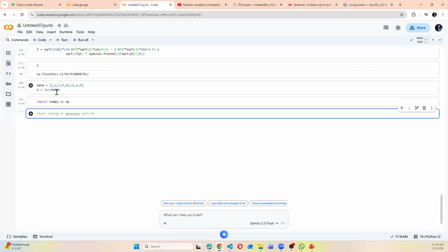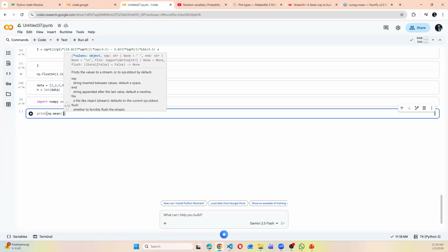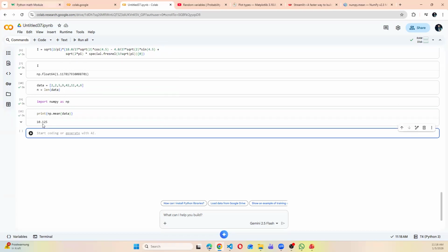I'll say mean, and I will print np dot mean of data. So the mean is just like this much. You can see 10.125. So it's just the mean.